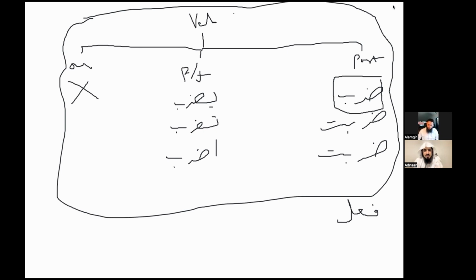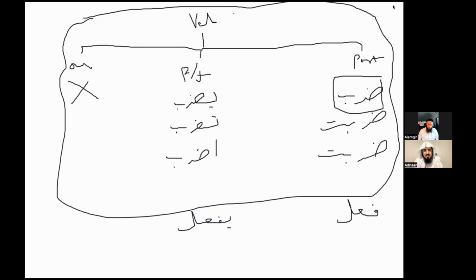Generally the default, right? So daraba sounds like what? It sounds like fa'ala, isn't it? Yes. Daraba, all fatha; fa'ala, all fatha. And then yadribu sounds like yaf'alu. Can you see? So that comes from the wazn of fa'ala, yaf'alu.